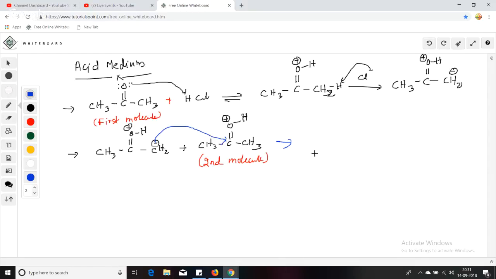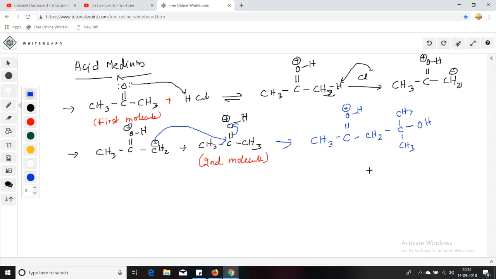It forms CH3 C double bond OH plus, then we have CH2 C CH3 CH3, and here we have this OH, right? When this bond goes over here, when this attacks, it forms OH on this.